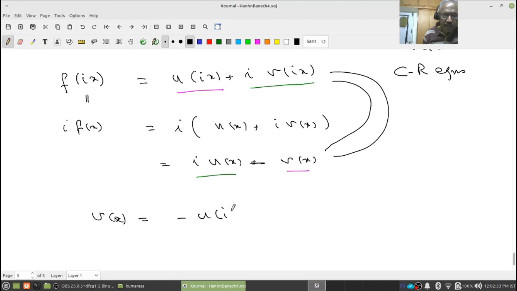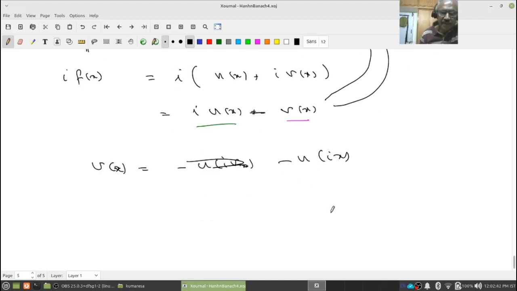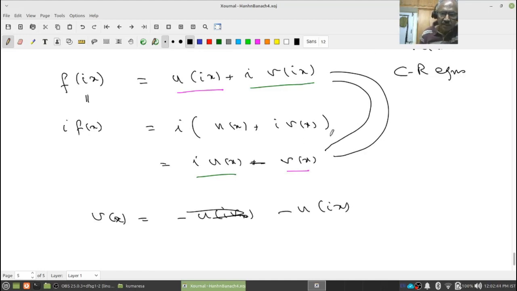This is the real part, and v of ix, the imaginary part, should be u of x. This is what I call the Cauchy-Riemann equations.